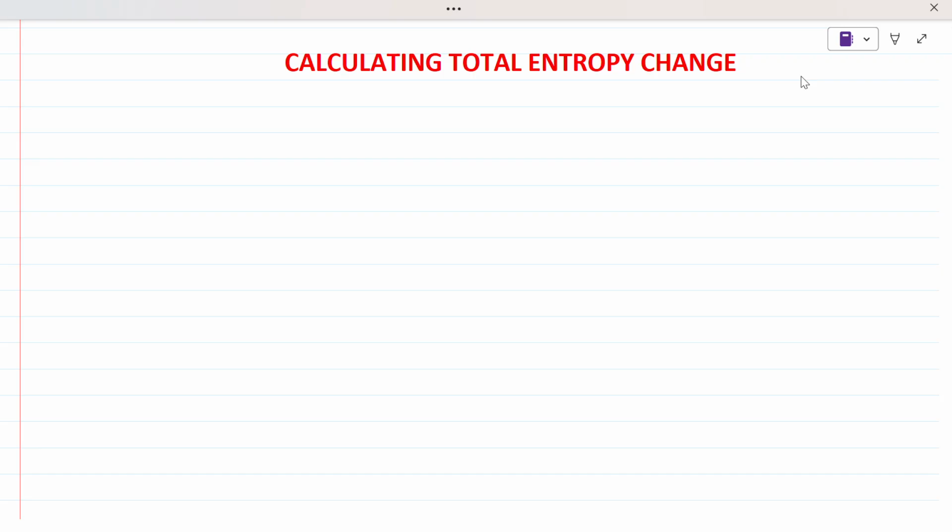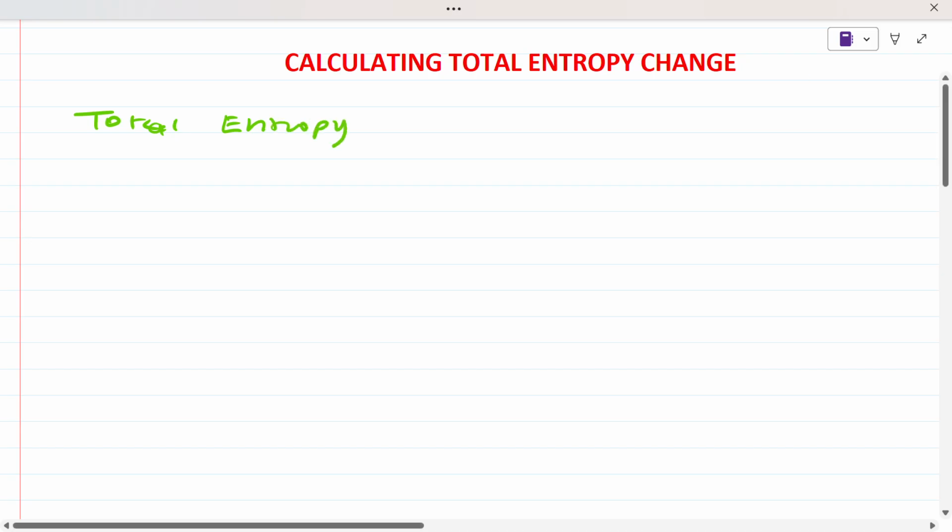I'm going to give you the formula that we're going to use whenever you're told to calculate total entropy. That's the formula that we use whenever we want to calculate total entropy.